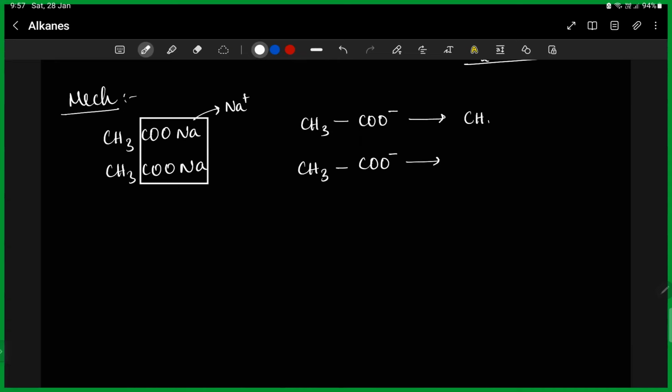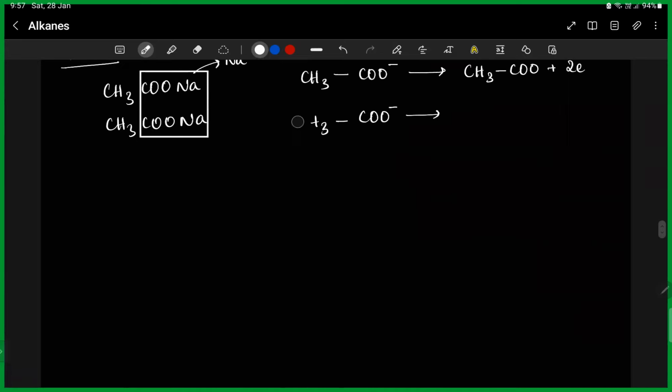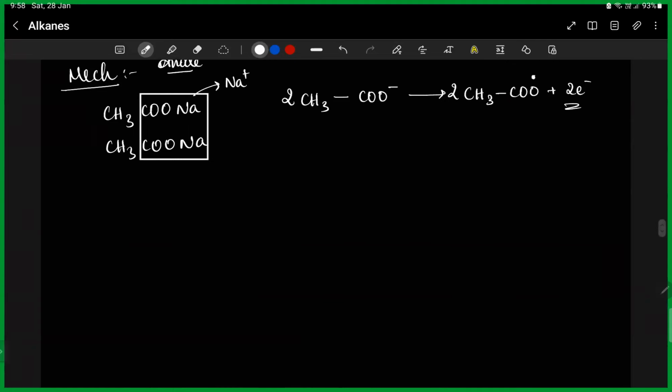So we get CH3COO radical plus electrons. 2 moles of this, each will give 1 radical, so 2 CH3COO minus turn out 2 electrons. This reaction happens at the anode, because we are dealing with the negative charge. Now, from CH3COO minus, CH3COO radicals are formed and 2 electrons are released.